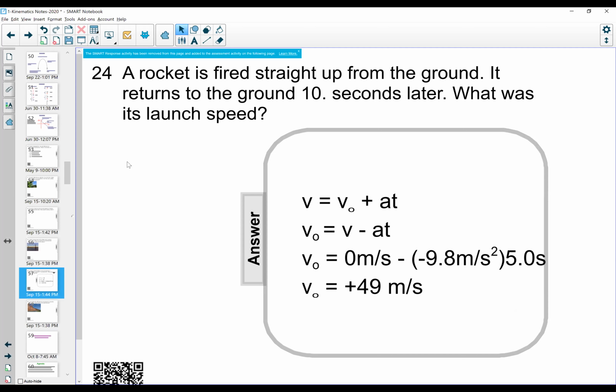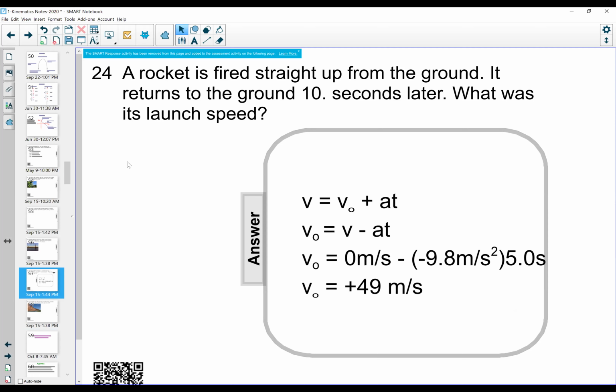So the only velocity we actually know is what it would be at the very peak. And because right now the only kinematic equation we have is VVAT, we need at least one. We need either the final or the initial velocity for some time frame. And so since the only one we know is what it would be at the peak, we could use that as either the initial or the final.